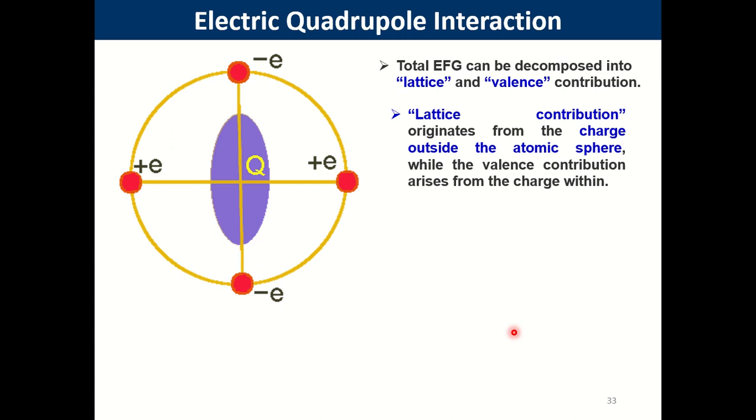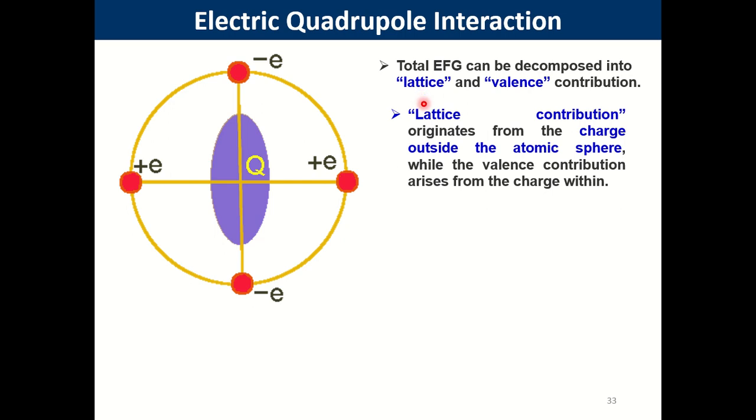Here it is important to note that the electric field gradient we are talking about has two components. You have a nucleus within an atom, and there are several atoms within a lattice.